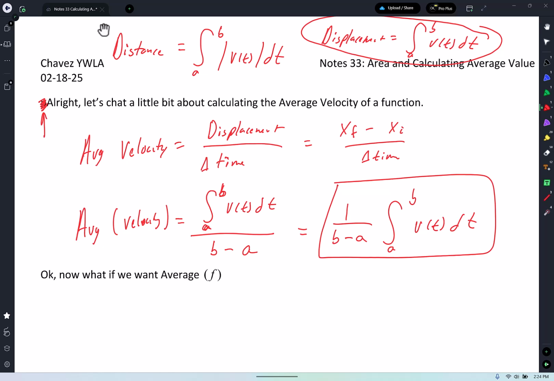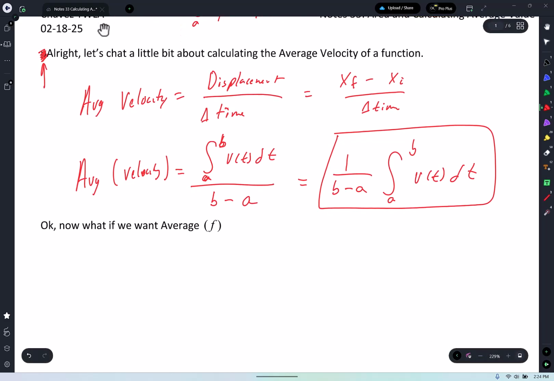Okay, now what if we want the average of f? Let's think about it, guys. Let's use our hack. The average of f is equal to, remember, that box that we just wrote is average velocity. So take a guess. How do you think the formula is going to look for the average of f? Notice velocity is here.